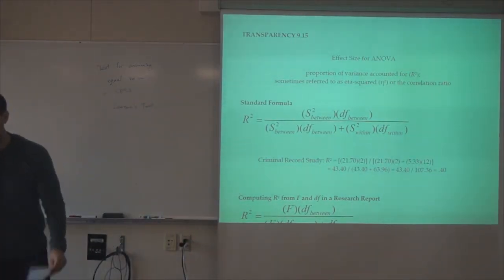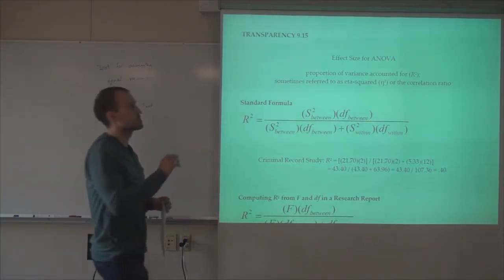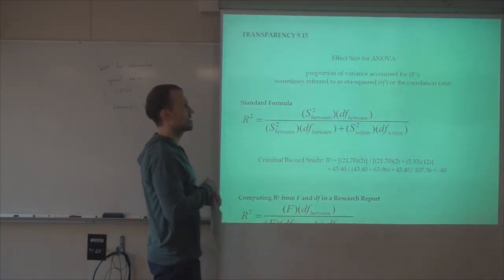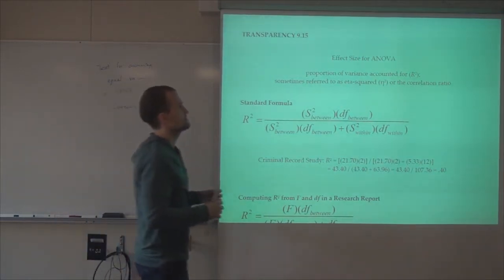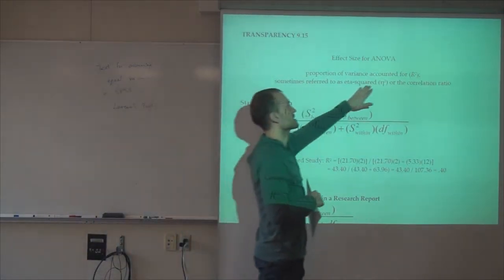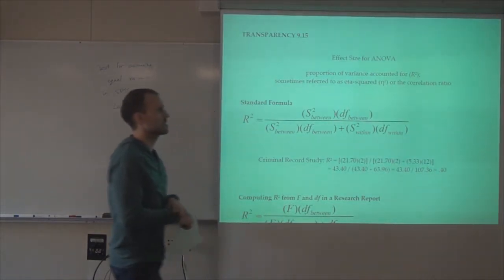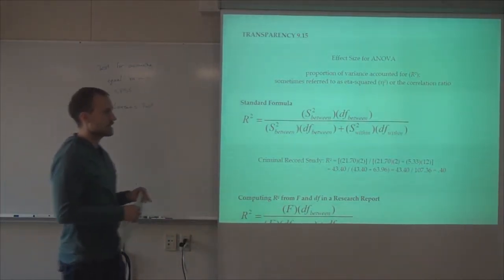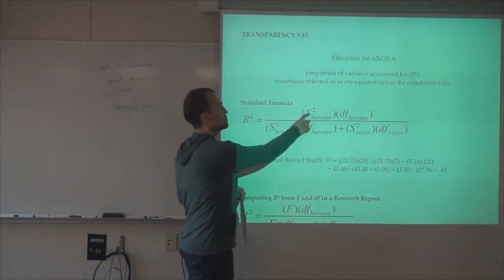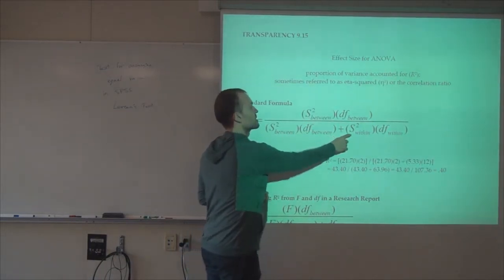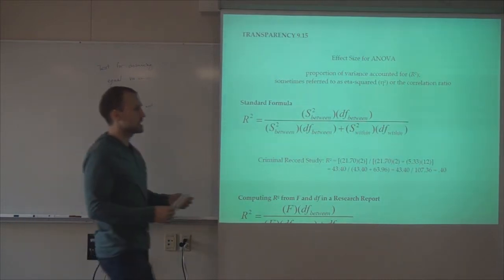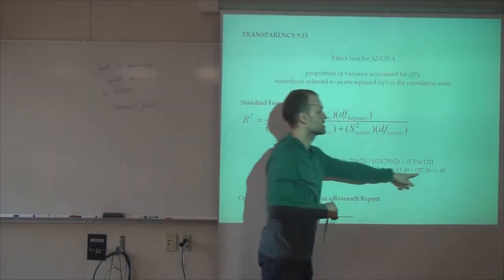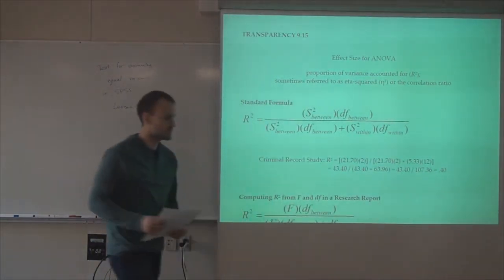This is one way where I'm looking for the proportion of the variance accounted for. This is also called the eta squared value, or the correlation ratio, and I calculate it using my between groups and within groups estimate. So for my criminal record study, I would calculate it as a 0.4.